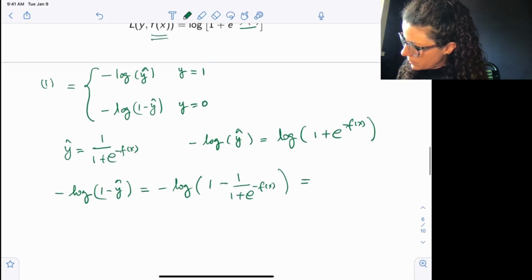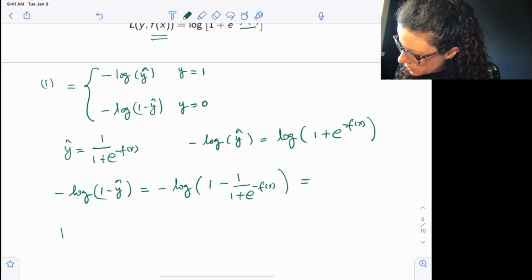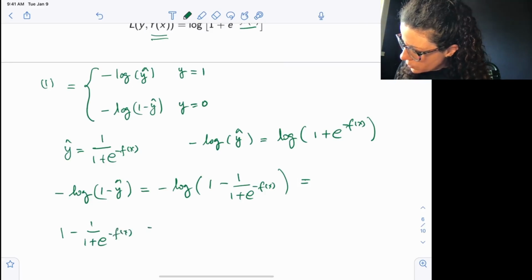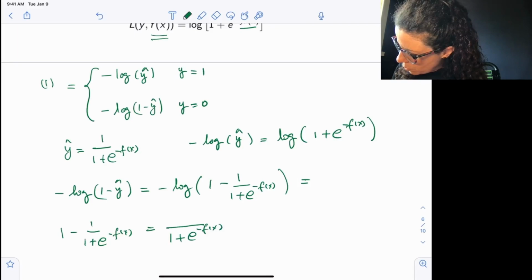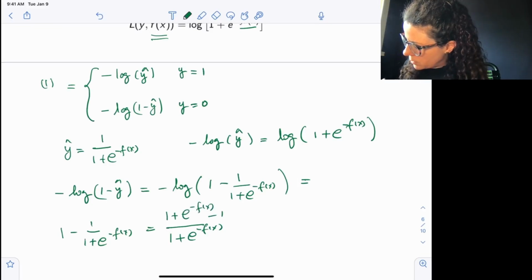So let me write down here 1 minus 1 over 1 plus e to the minus f of x. This is equal to 1 plus e to the minus f of x minus 1, over 1 plus e to the minus f of x.